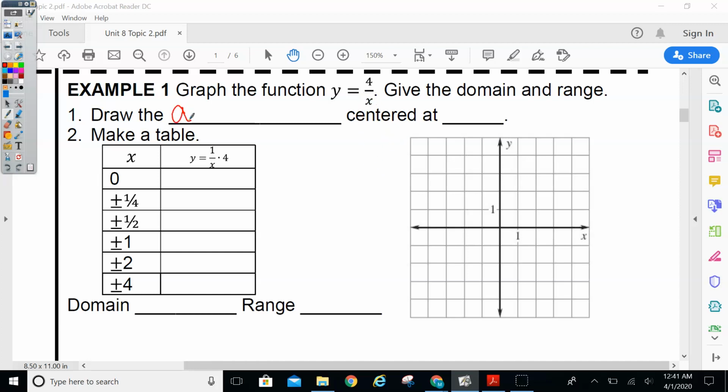So we want to draw our asymptotes. At 0, 0. Because the h is 0, the vertical asymptote's at 0. I'm going to draw the dashed line here for the vertical.